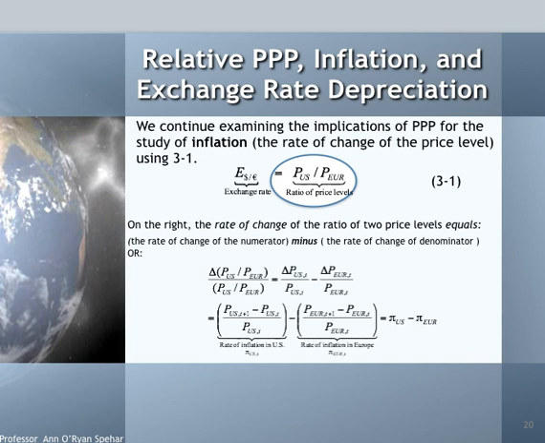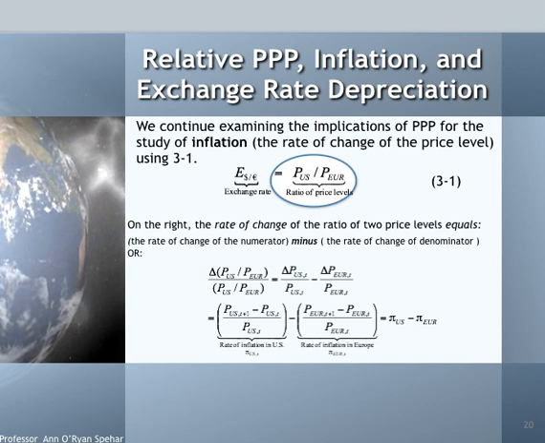So all I'm doing here is coming up with an equation that helps us understand how we can calculate the rate of change of the ratio of the price levels. The rate of change is nothing more than the rate of change of the United States price level minus the rate of change of the euro price level. Again, notice we're doing it at time t. Delta p divided by p in dollars is just the rate of change of prices in the United States.